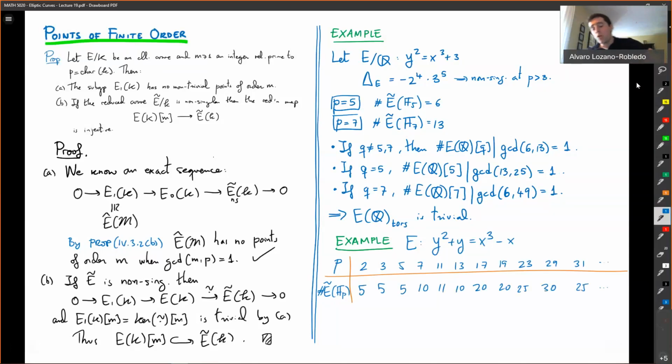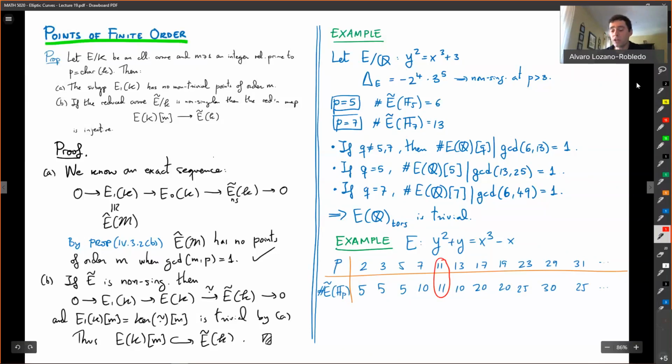Okay, so knowing what we know, the torsion, at least the pieces that are relatively prime to each one of those primes, has to inject into the group of points over F_p. And then you see that this group of points over F_p is a multiple of 5 every time, except, weirdly, 11.